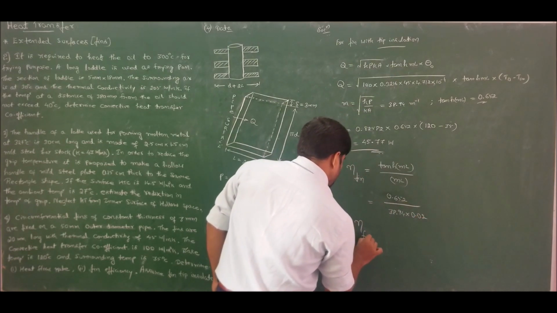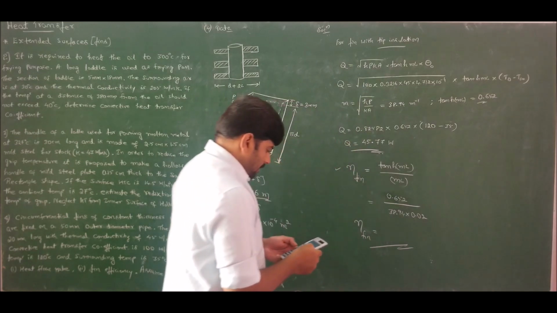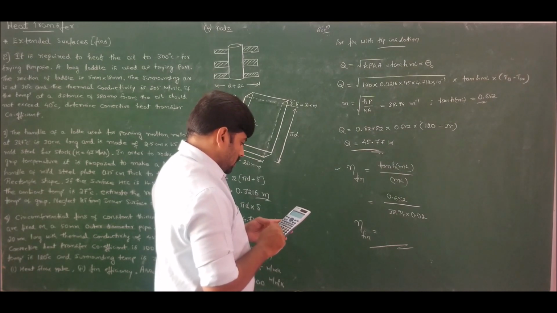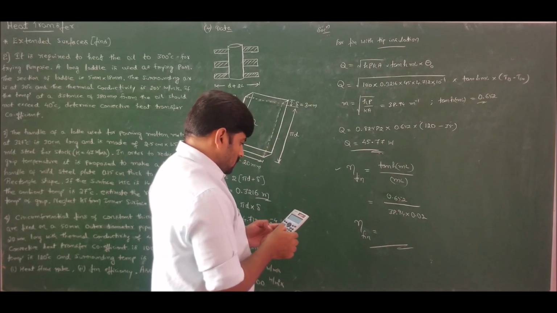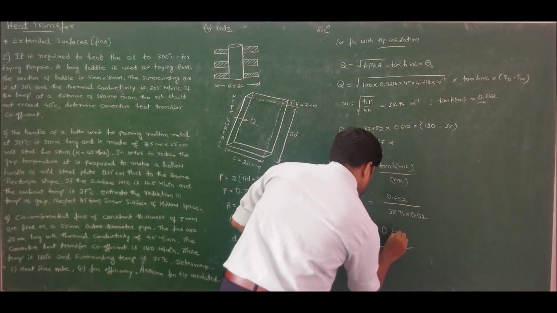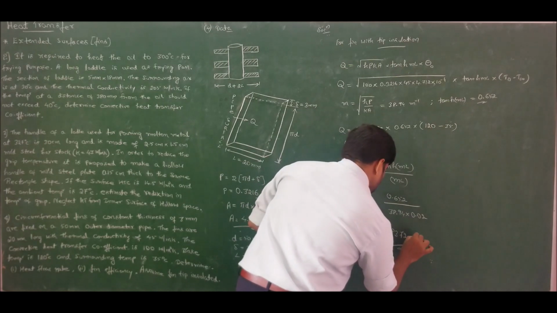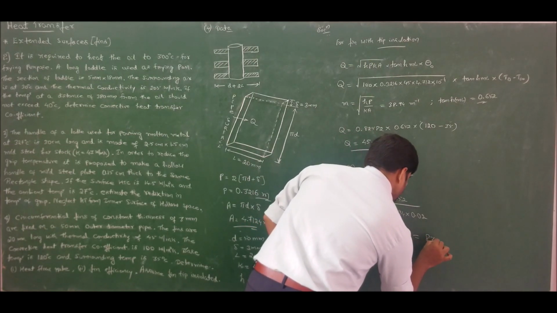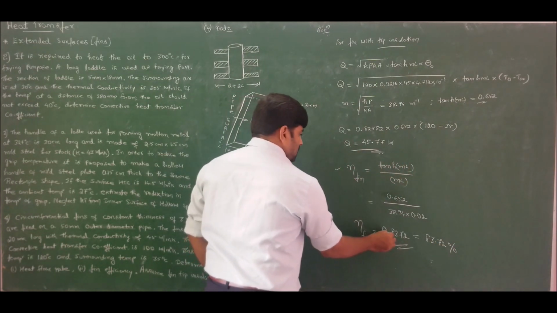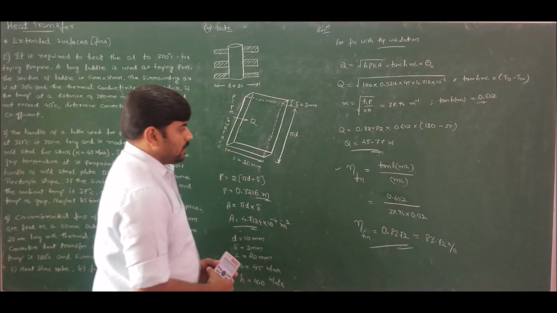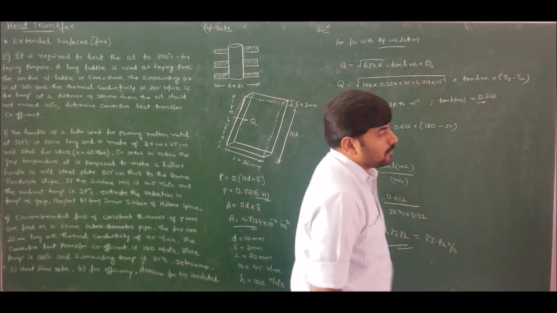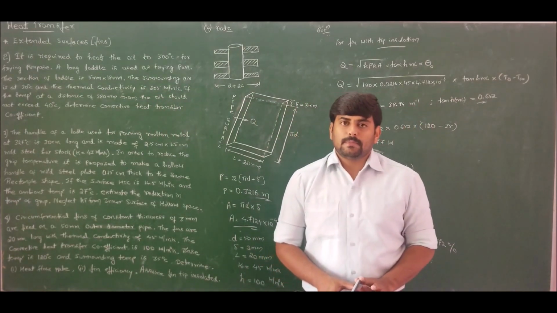So fin efficiency will be 0.652 divided by 38.94 into 0.02, which is 0.8372, which is nothing but 83.72%. So fin efficiency is 83.72%. This is the solution for problem number 4, in which we have discussed circumferential fins attached to the pipe surface.